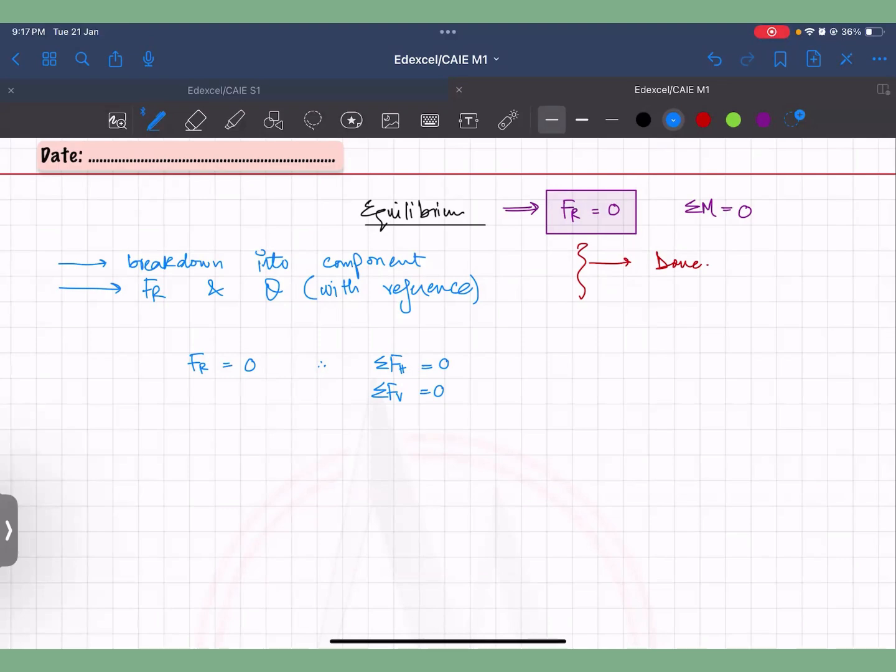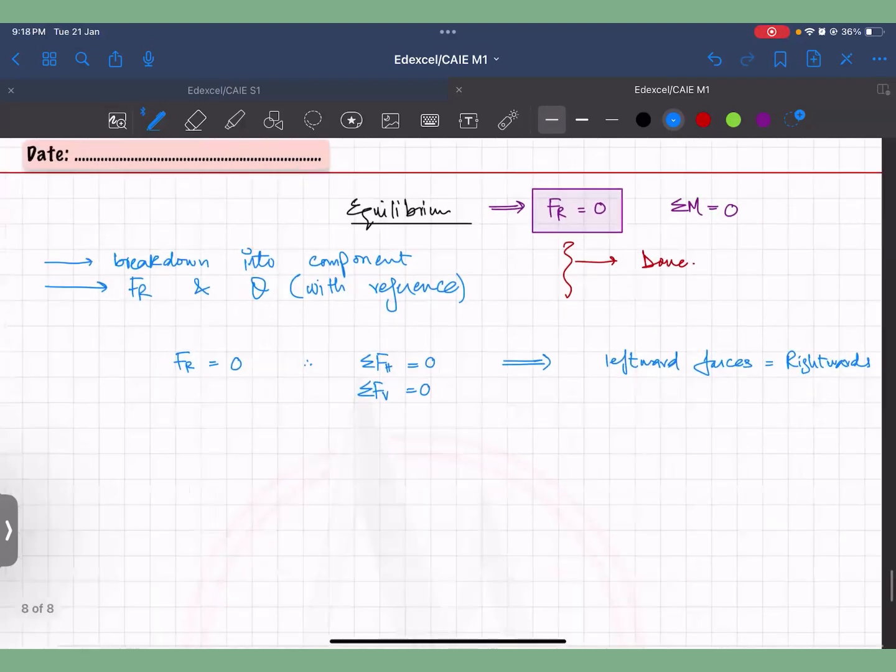One more thing that we can say, to make our lives easier: for the horizontal components to sum to 0, the leftward forces would exactly be equal to the rightward forces. Rightward, is that a word or not?